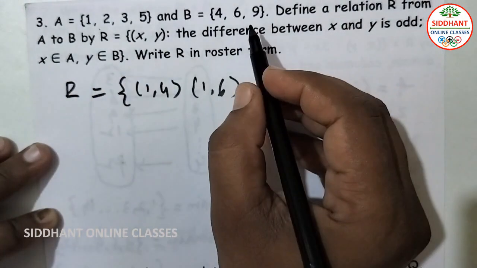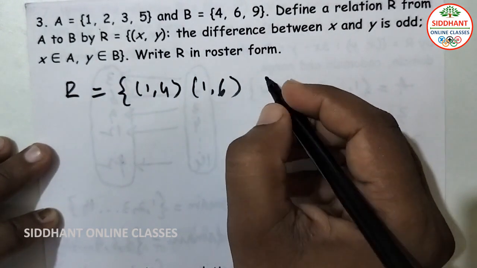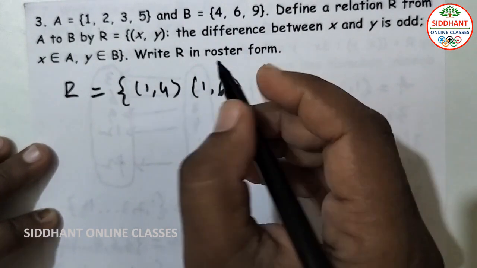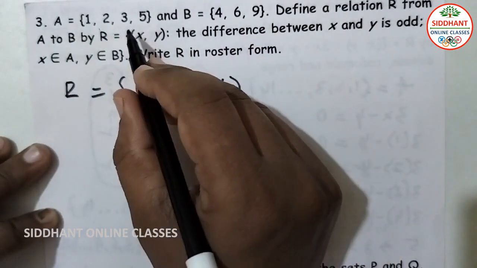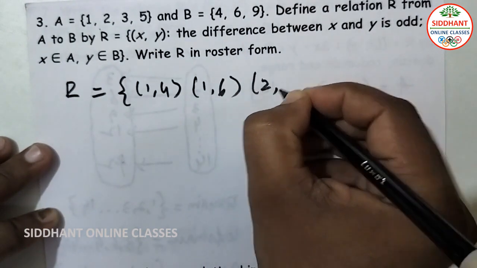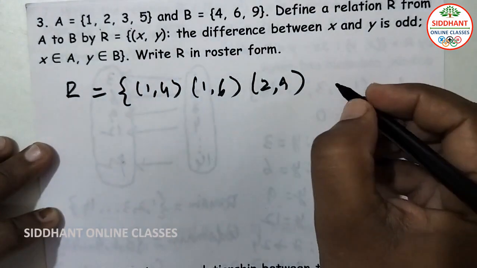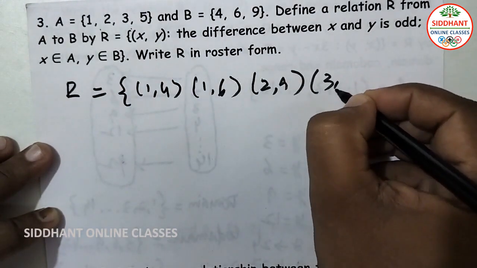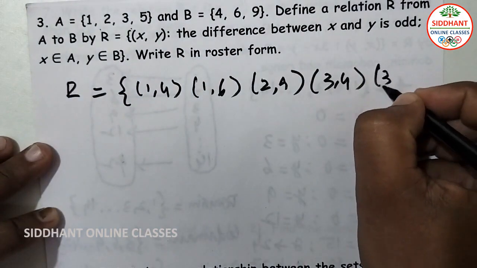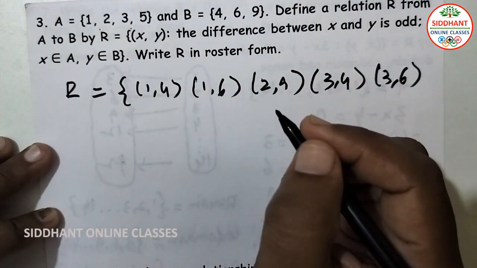Next 1 and 9: the difference is 8, which is even. Next 2, 4: the difference is even. 2, 6: the difference is even. Next 2, 9: the difference is odd. Next 3, 4: odd. 3, 6: odd. 3, 9: even.